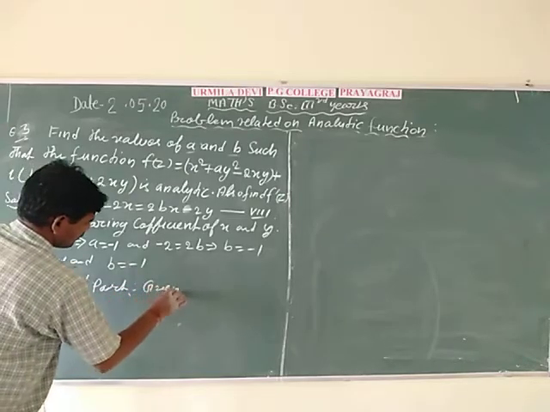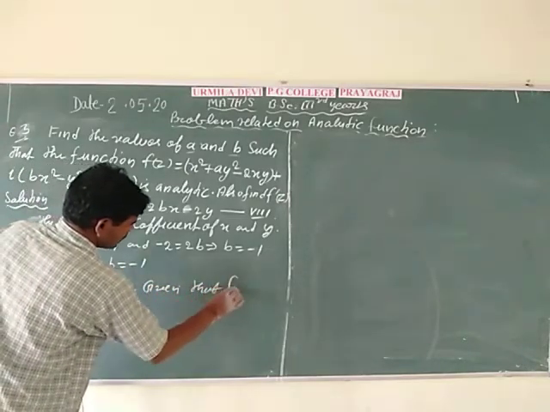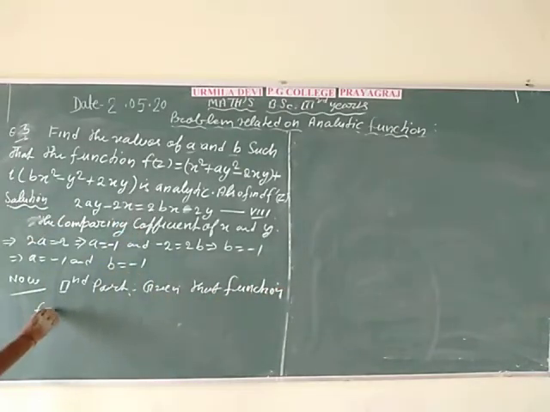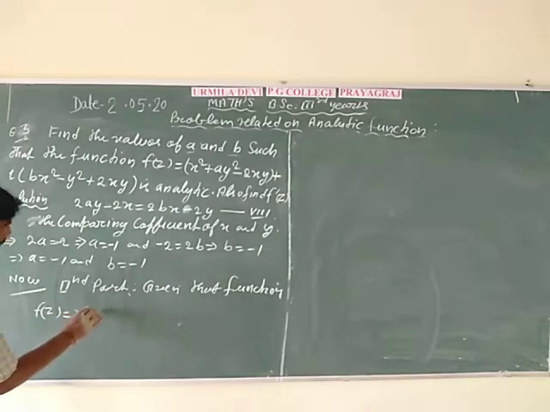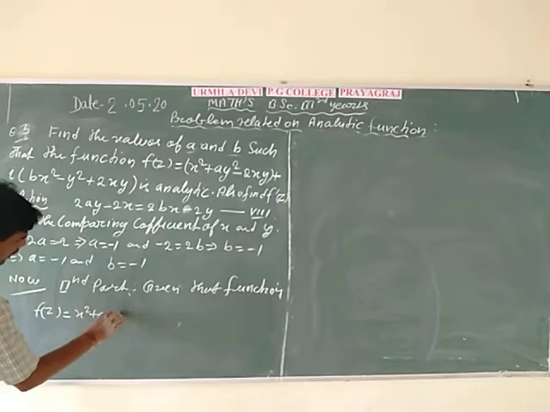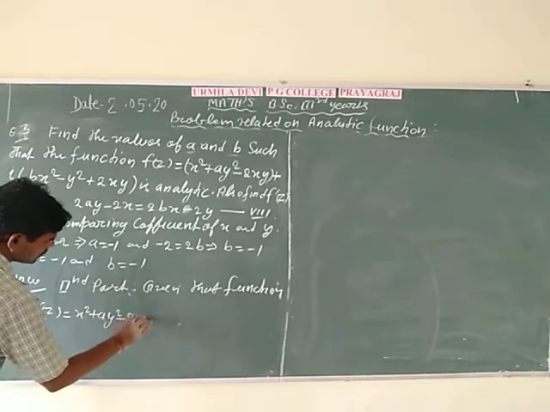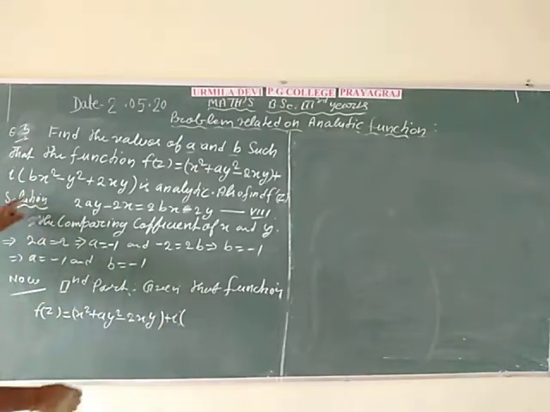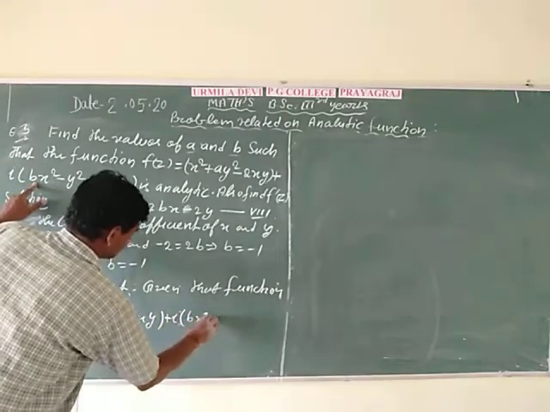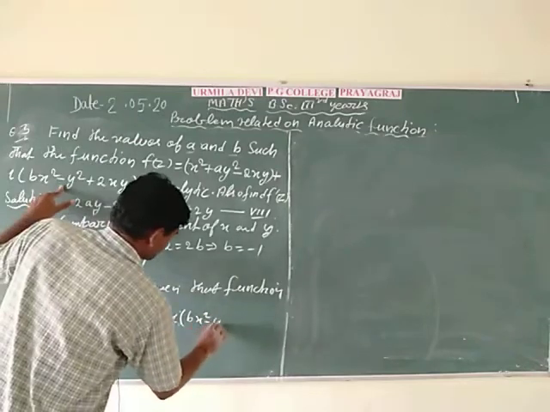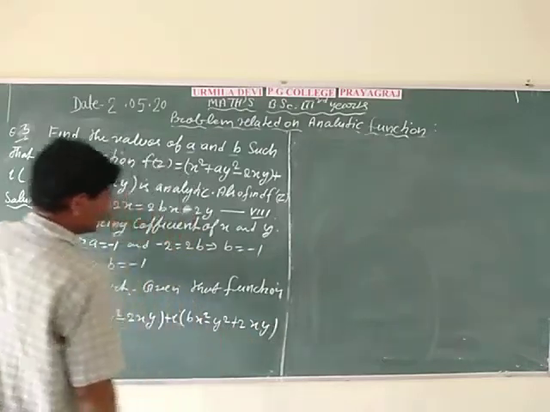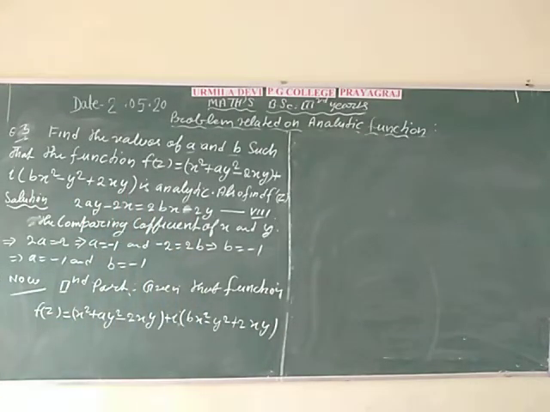Given that the function f(z) is equal to x square plus a y square minus 2xy plus i times bx square minus by square plus 2xy. We are putting the values of a and b in this equation.